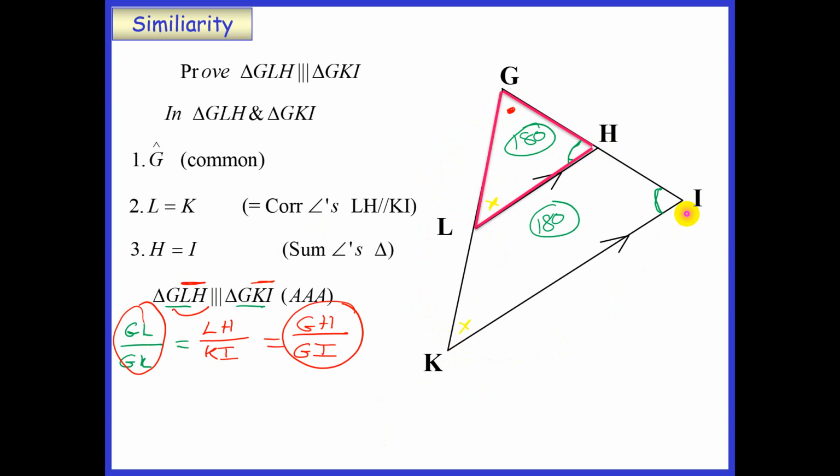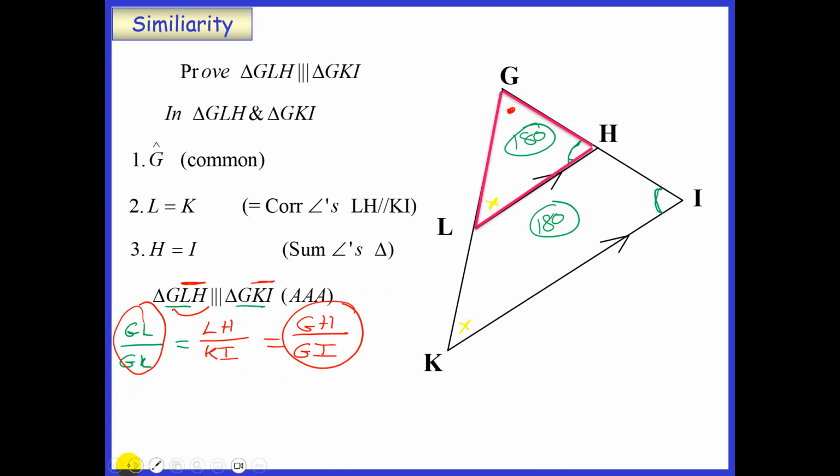That is very important when we're proving later on: if we have a common angle and these two sides are parallel, then the small triangle is always similar to the big triangle, and we don't have to prove that later on. Then LH over KI is equal to GL over the entire side GK. And our reason for these ratios is from the above similar triangles.